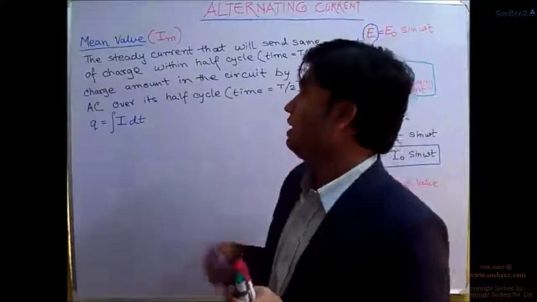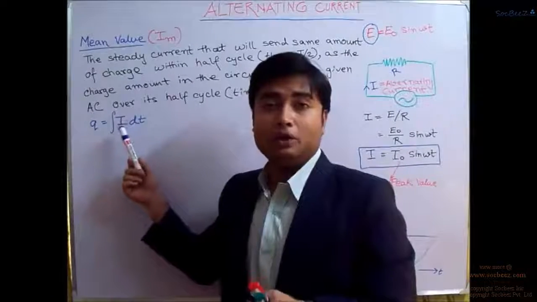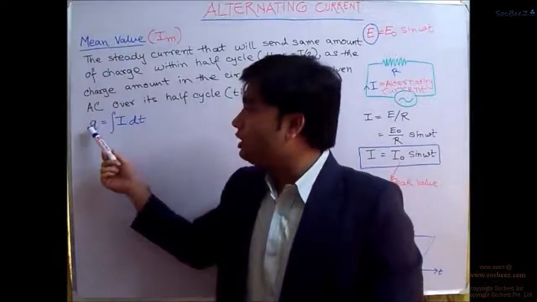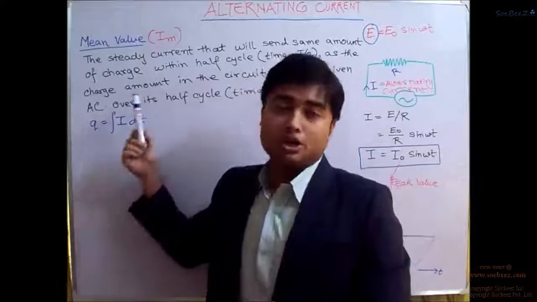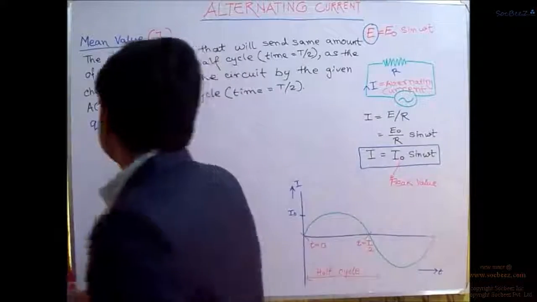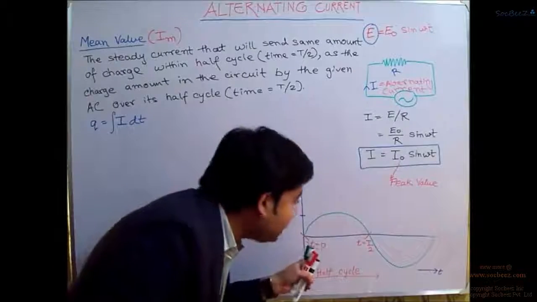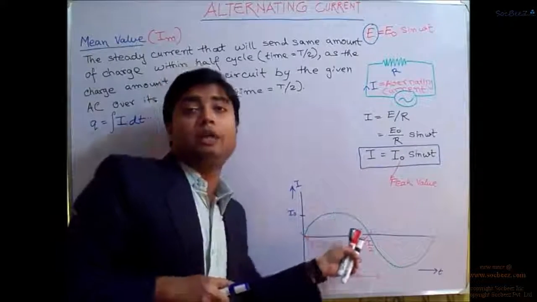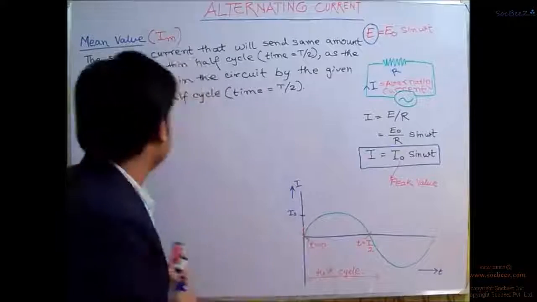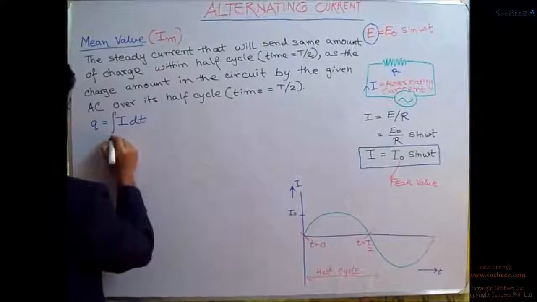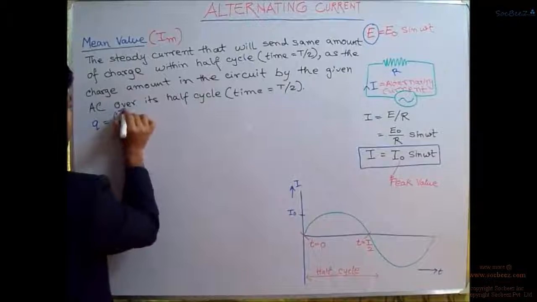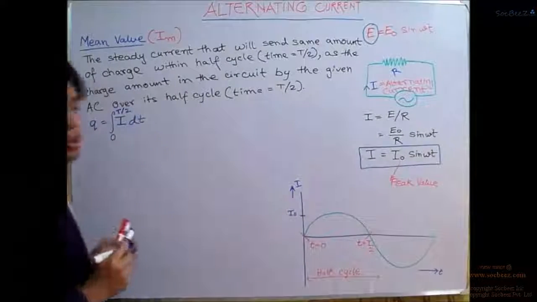Because we know that current is the change of charge with respect to time, and we can take this integration within the limits of t equal to 0 to t equal to T by 2, right? So the lower limit will be 0 and the upper limit will be T by 2.